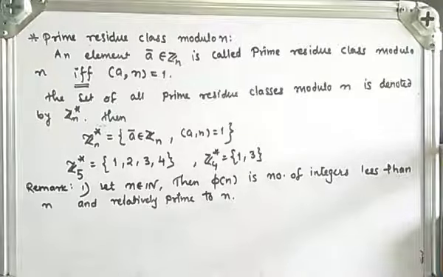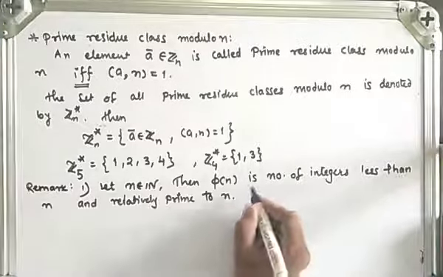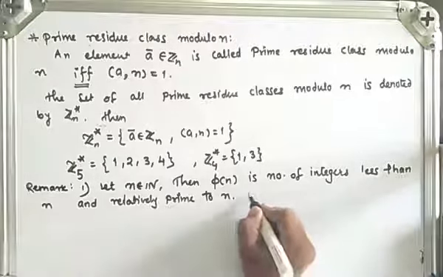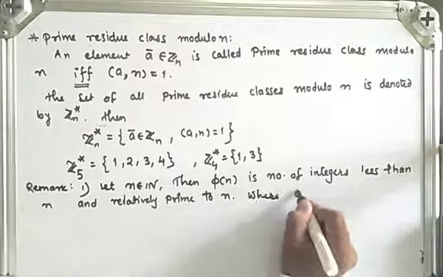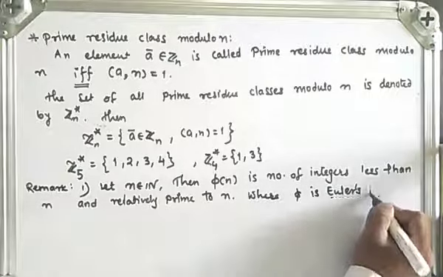So phi of n is the number of integers which are less than n and relatively prime to n, denoted by Euler's phi function, where phi is Euler's phi function.